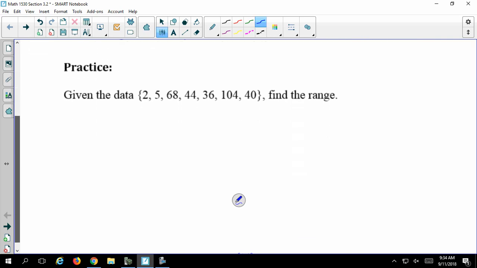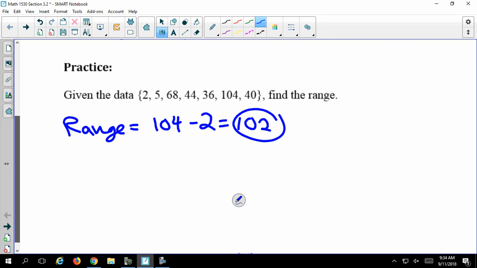So in this example, the range would be the maximum value, 104, minus the minimum value of 2, 102. Very easy to calculate. May not be very useful, but it is a measurement of how spread out your data is.